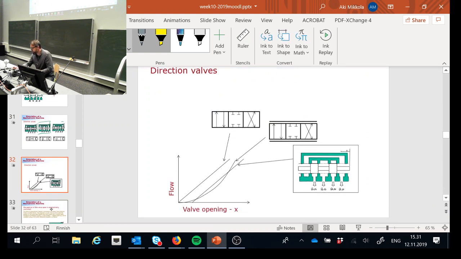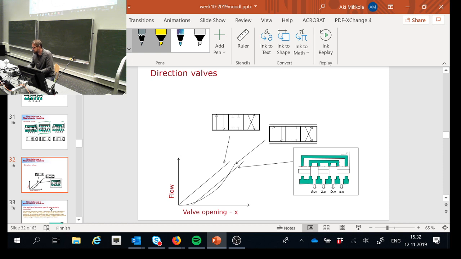Now, it all becomes important when we look at the relation between the opening and the flow rate. This is the figure that shows the valve opening, and it's again the X direction here. And how is the flow? I'm not saying anything about the pressure difference, but what is the type of flow through this component? This is opening, and this is my spool when it has this symbol in a valve.